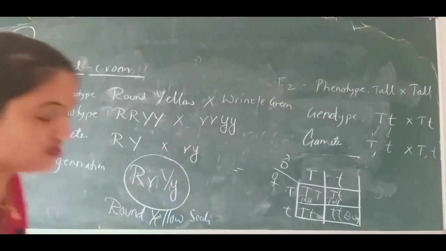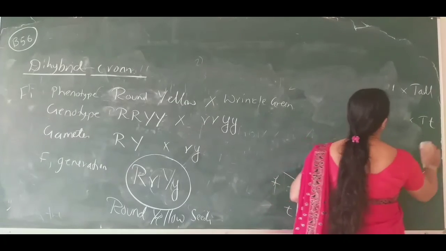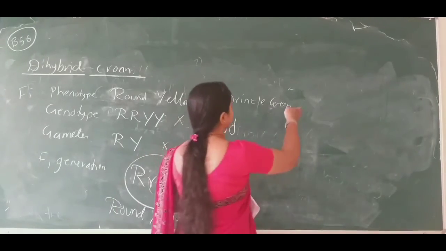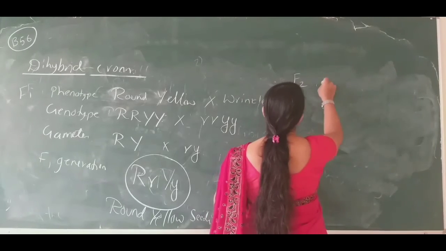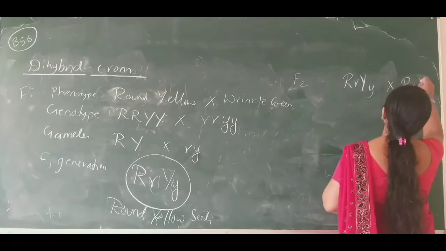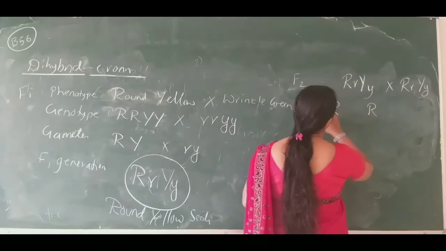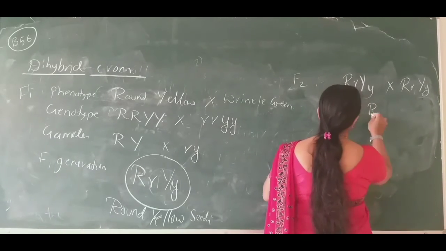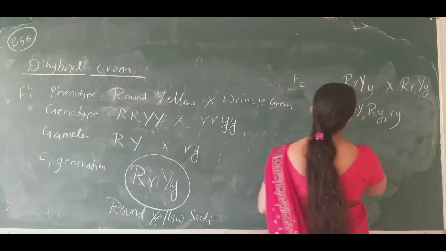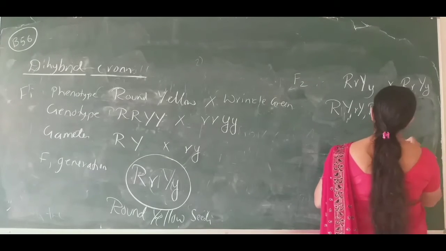Next, you have to self-pollinate the F1 generation: capital R, small r, capital Y, small y, crossed with capital R, small r, capital Y, small y. The gametes will be like this.